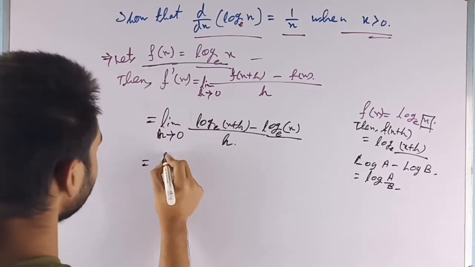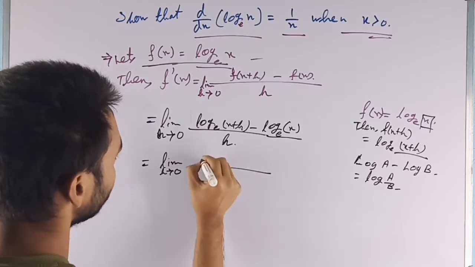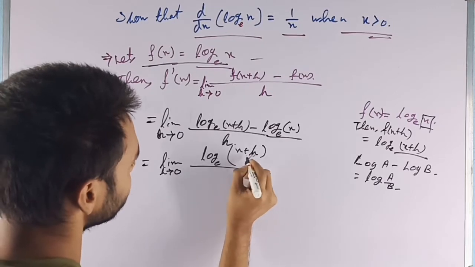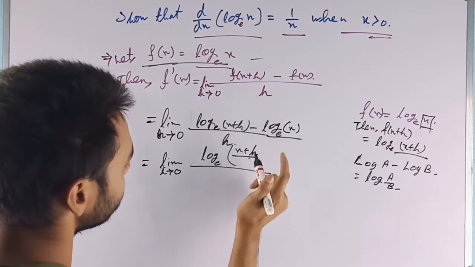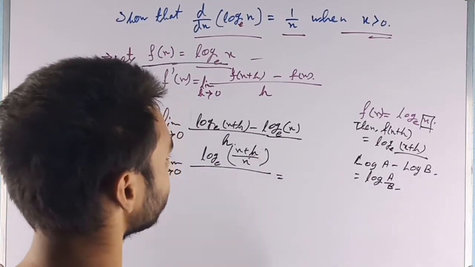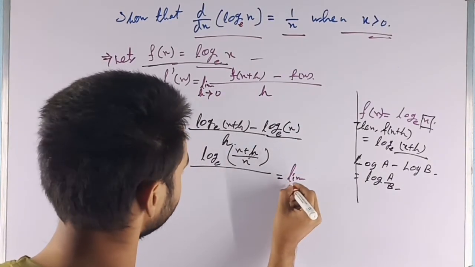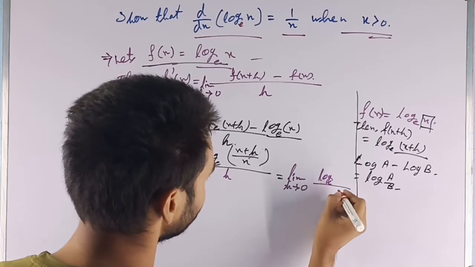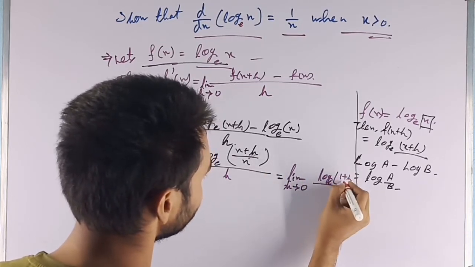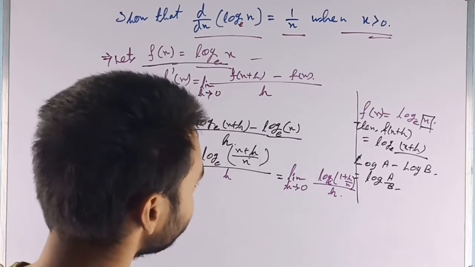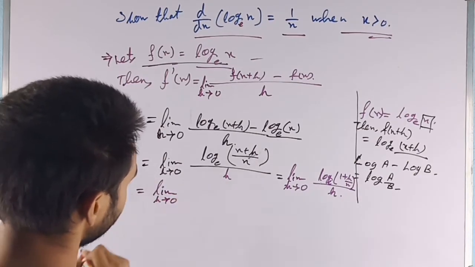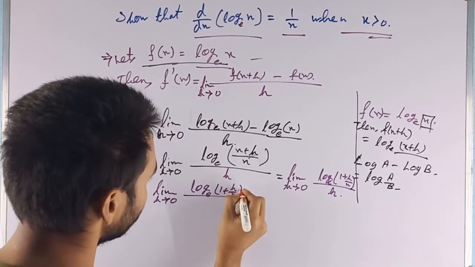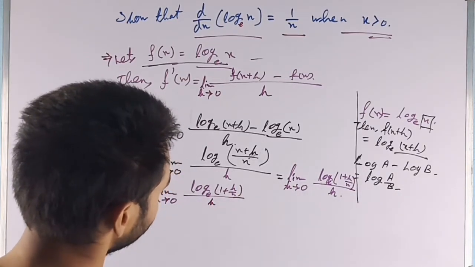Using this, the limit as h tends to 0 of log base e of x plus h by x, over h, equals the limit as h tends to 0 of log base e of 1 plus h by x, times 1 by h.